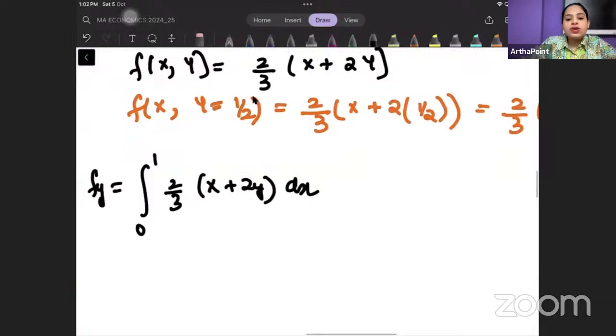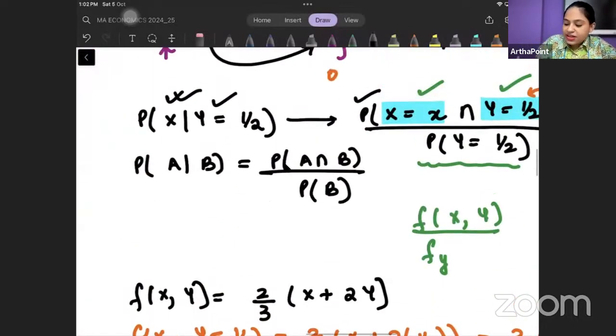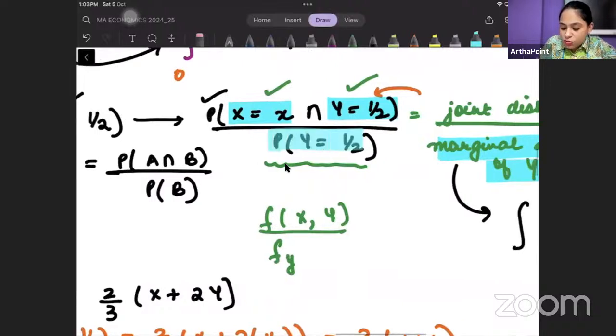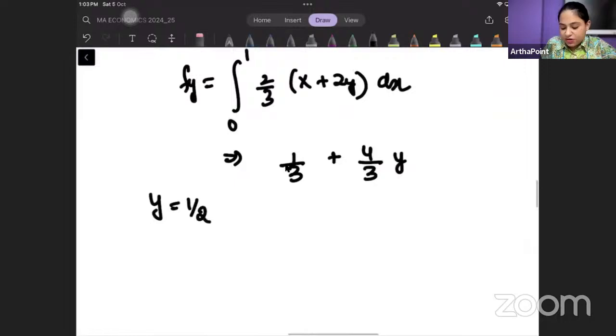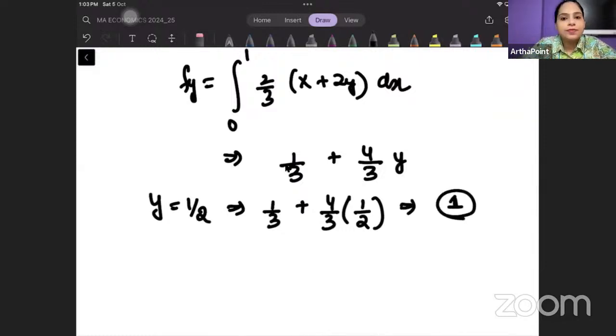After integration, we get 1 by 3 plus 4 by 3 y. Again, the denominator tells us this must be evaluated when y is half, so putting y as half gives 1 by 3 plus 4 by 3 into half. This gives the answer 1.